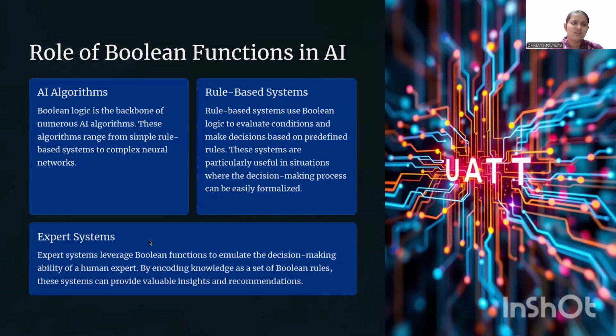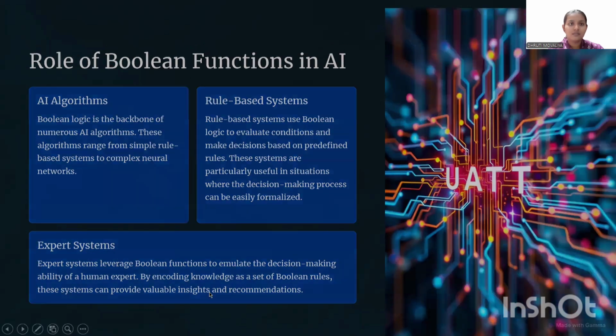Third is expert system. What is expert system in Boolean function? Expert systems leverage Boolean function to emulate the decision-making ability of human experts by encoding the knowledge as a set of Boolean rules. These systems can provide valuable insight and recommendations.